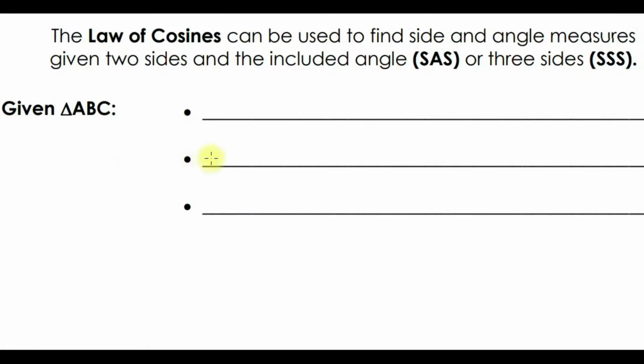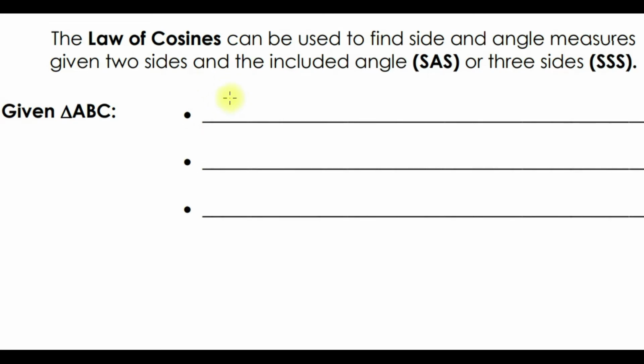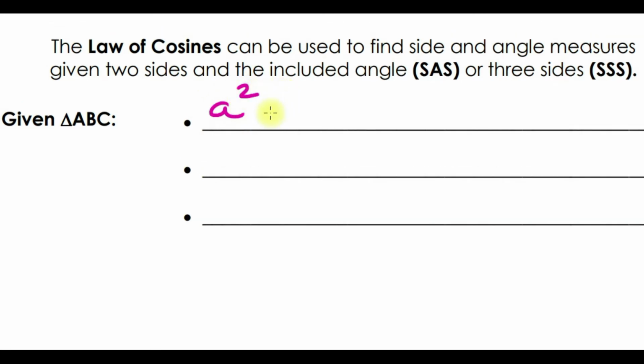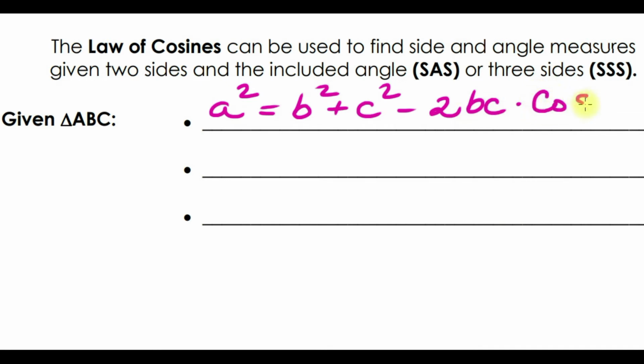Okay, so given triangle ABC, one of the formulas for the law of cosines is a squared is b squared plus c squared minus 2bc times cosine of A. You can use this one to find side A or angle A.